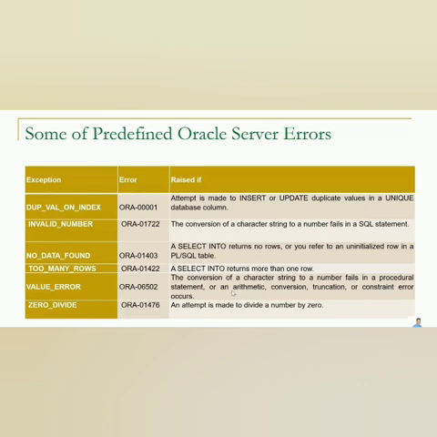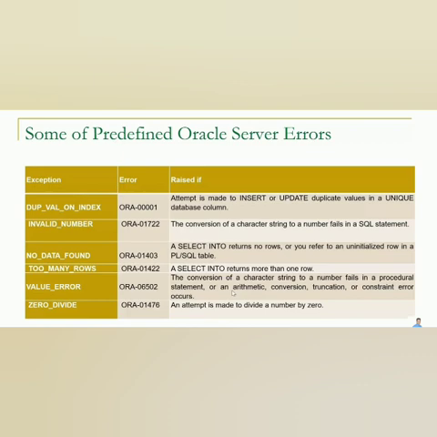Here the dup val on index is given. For this exception, the error will be thrown as ORA-00001. If this error is shown, we should use this exception to correct that error.